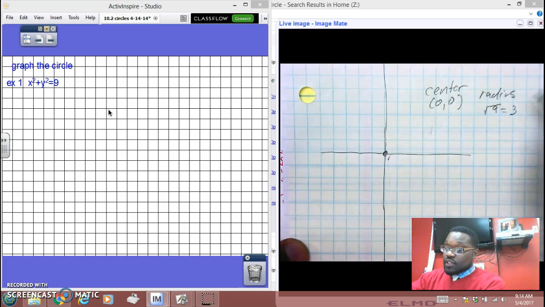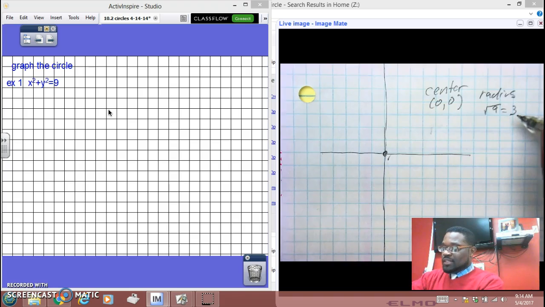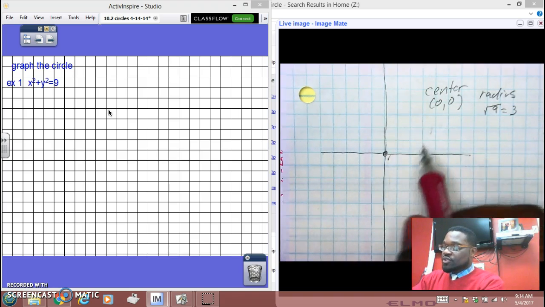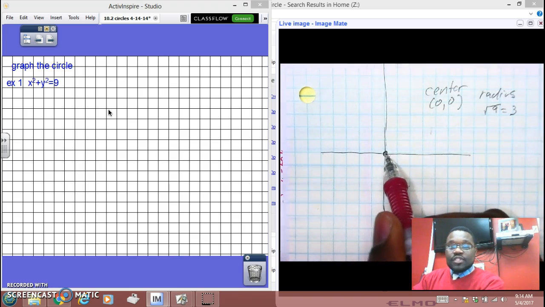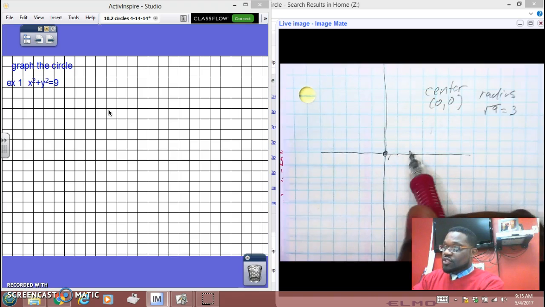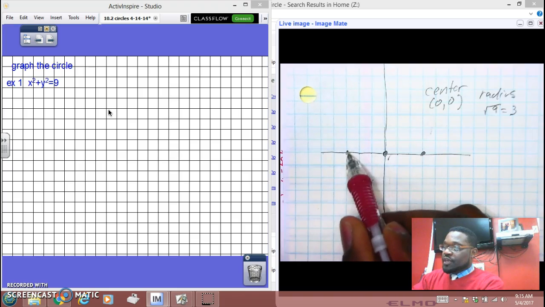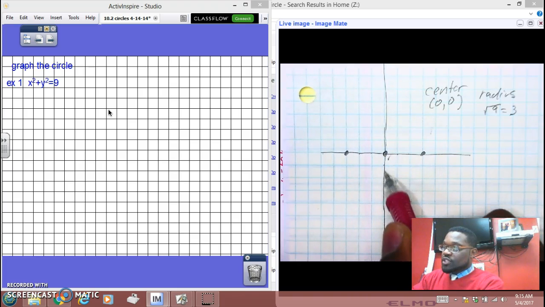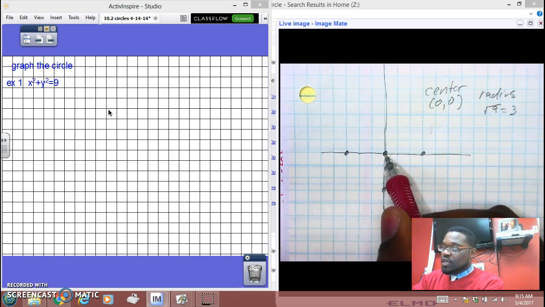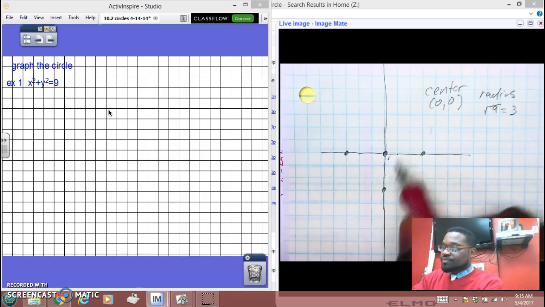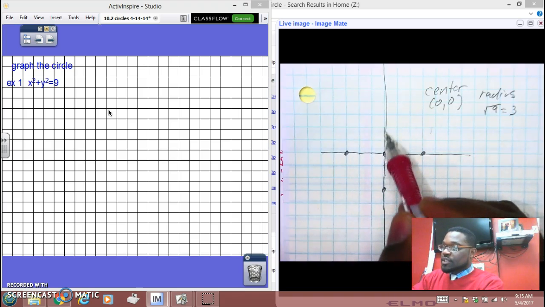But the way that it works is, a radius is the same distance around the circle. So from the center, I'll just count to the right: 1, 2, 3. I count to the left: 1, 2, 3. I count down: 1, 2, 3. Notice how I count. I don't start counting at the center and say 1, 2, 3. No, from the center, everywhere I land, 1, 2, 3. And then I count up: 1, 2, 3.